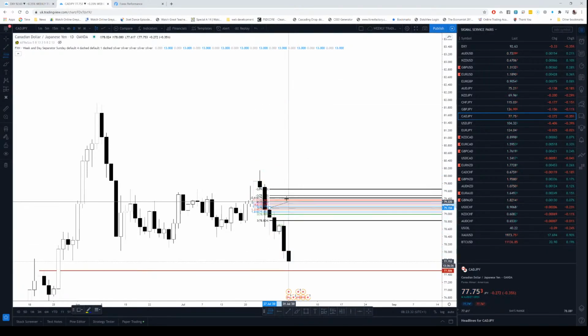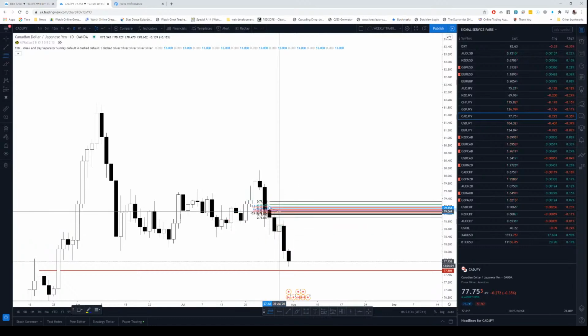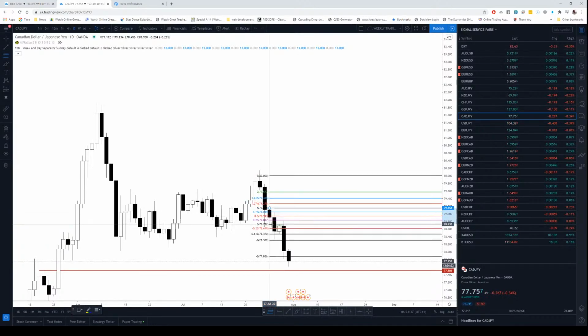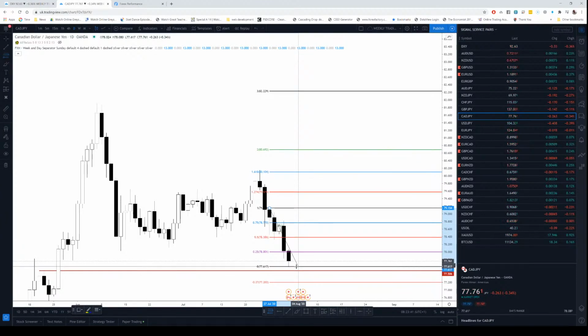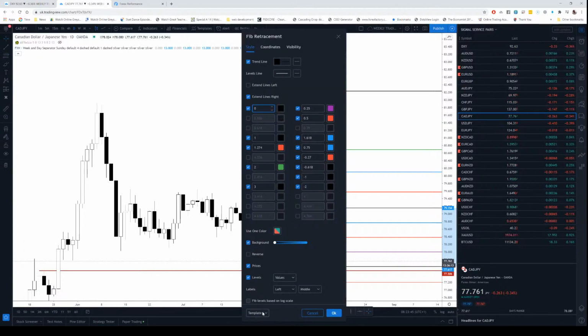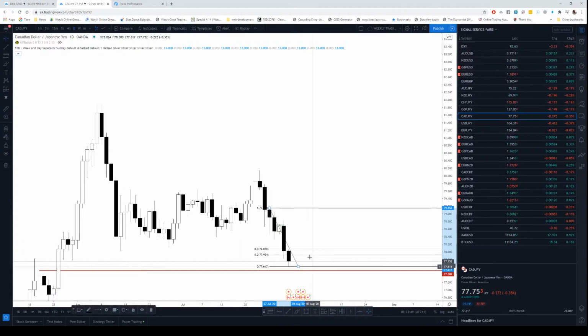we're going to measure the high of the week, which is Monday's high, and the low that is formed during New York. If we do see a bounce, we measure that, and then we look for a retracement back up.